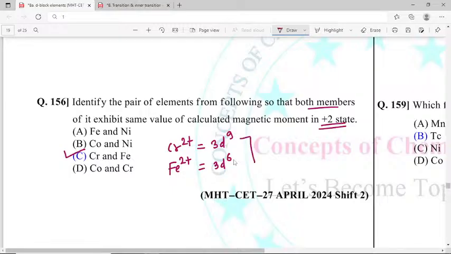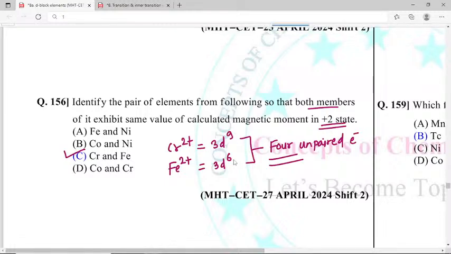So they both have 4 unpaired electrons. Unpaired electrons are the same, so it has the same magnetic moment.